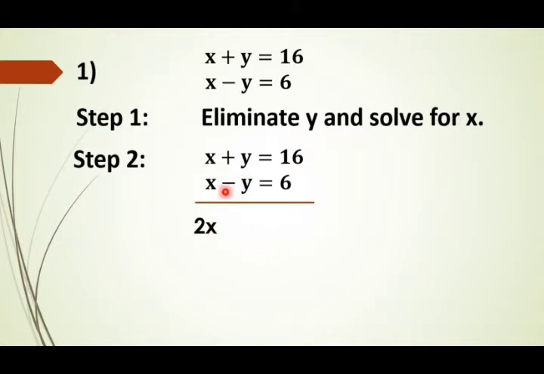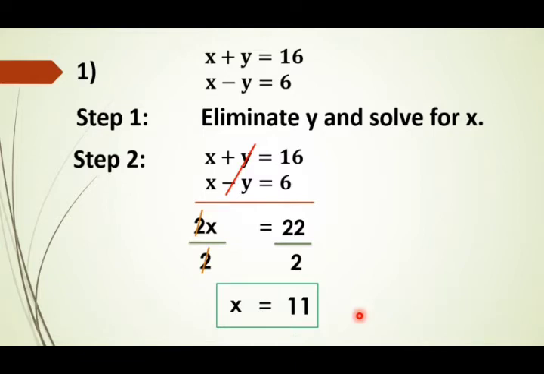Positive y minus y is 0. So cancel. Equals 16 plus 6 equals 22. Divide both sides by 2. So therefore, the value of x equals 11.